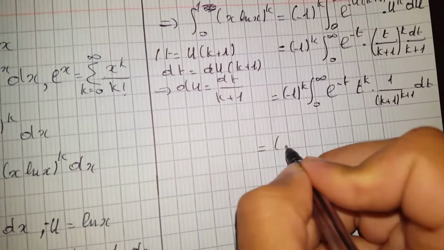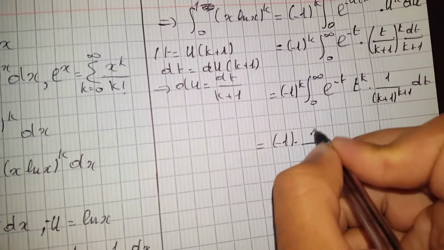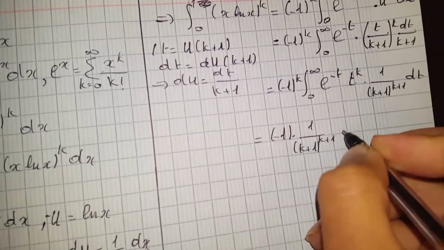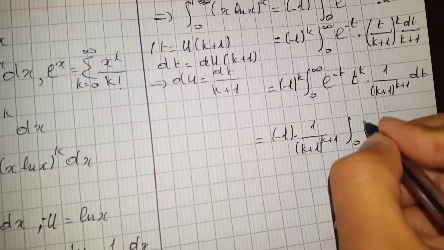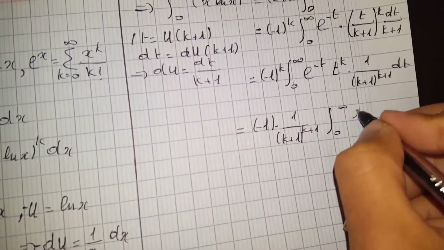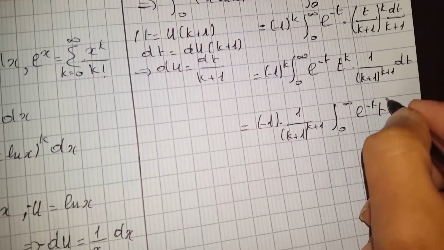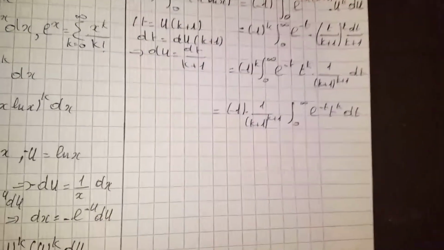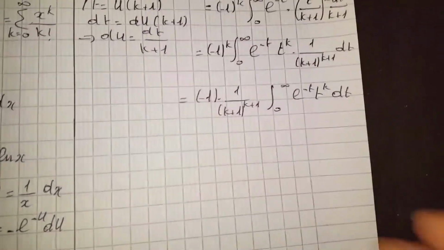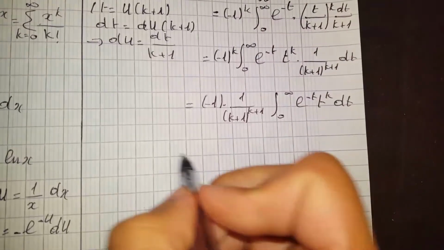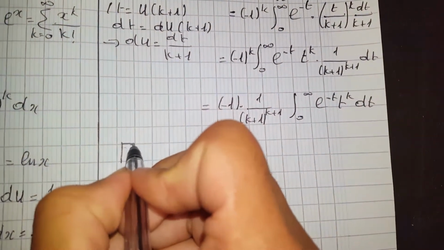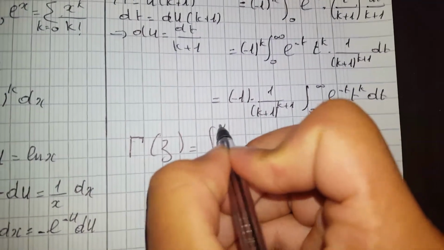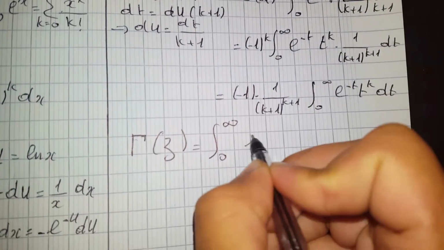I will bring 1 over (k plus 1) to the k plus 1 to the front, and if you know the gamma function, that's very obvious. The gamma function of x equals the integral from 0 to infinity of t to the x minus 1 e to the minus t dt. That's the (x minus 1) factorial.